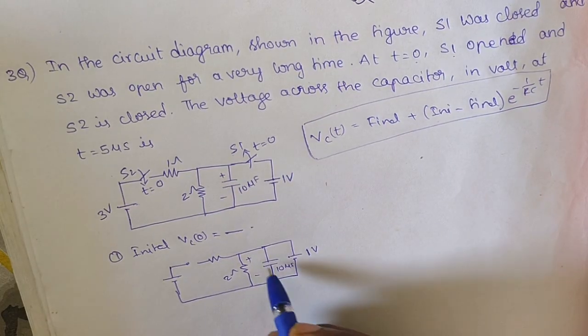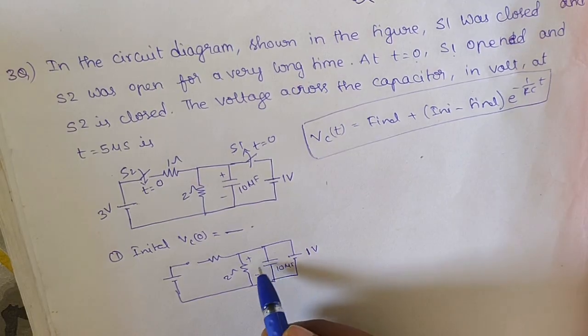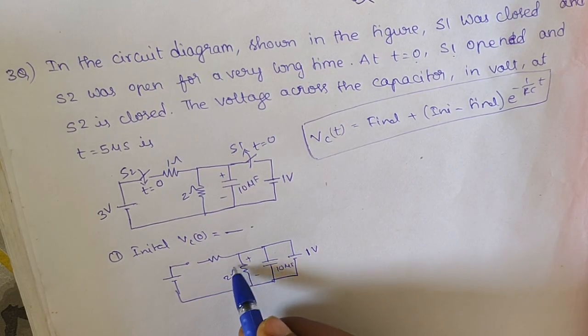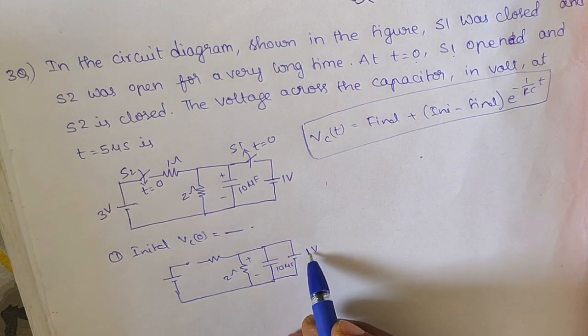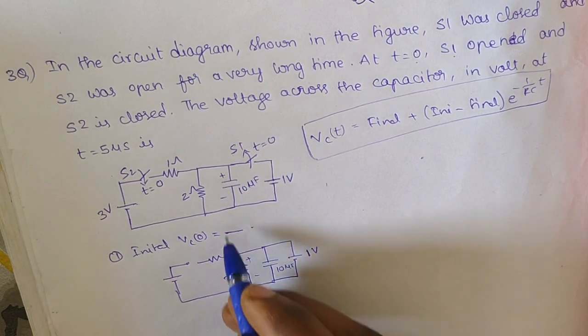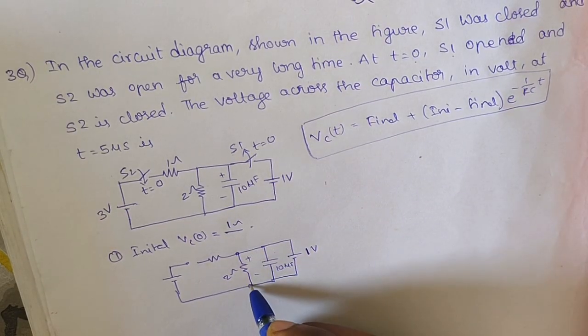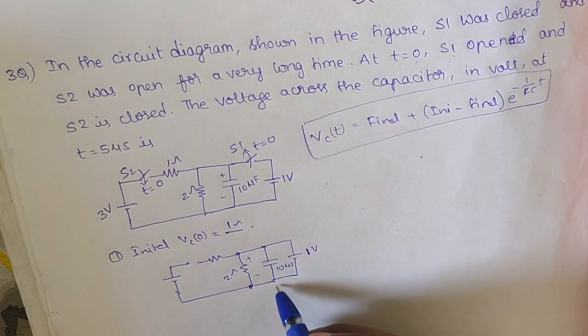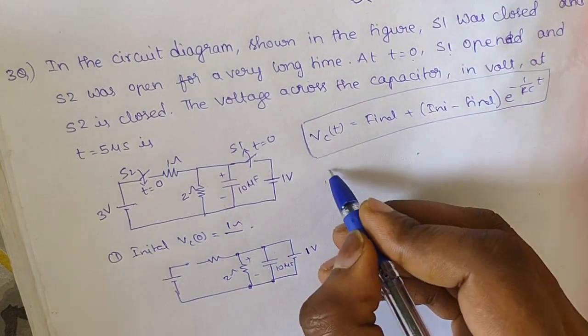Directly 1 volt is applied across this resistor. This resistor and capacitor are in parallel, so the voltage drop across this resistor will be the same as the voltage drop across the capacitor also. So Vc of 0 is 1 volt, as 1 volt is directly applied across this 2 ohms and capacitor also.